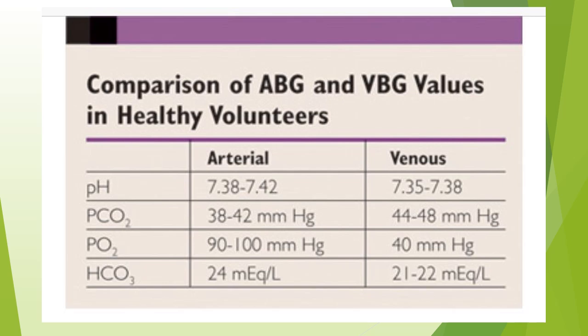So the oxygen will be 40 mm of Hg and the carbon dioxide will be 44 to 48 mm of Hg. And regarding the bicarbonate, in arterial blood we can see 24 milliequivalent and in venous blood 21 to 22 milliequivalent.